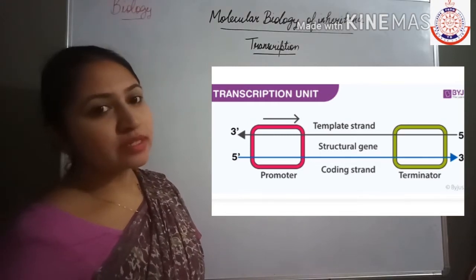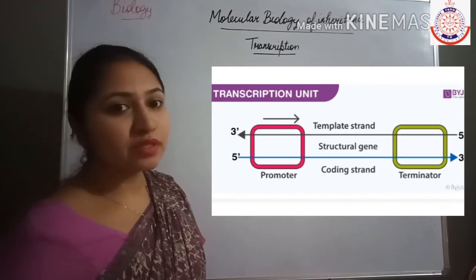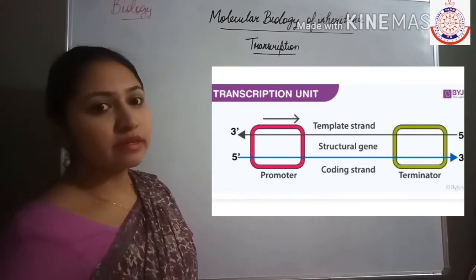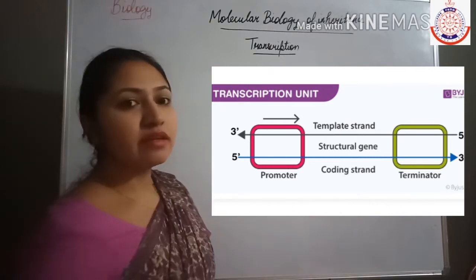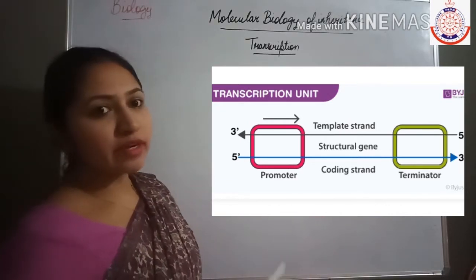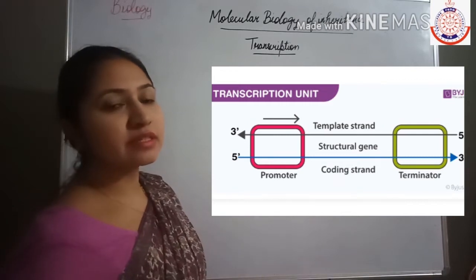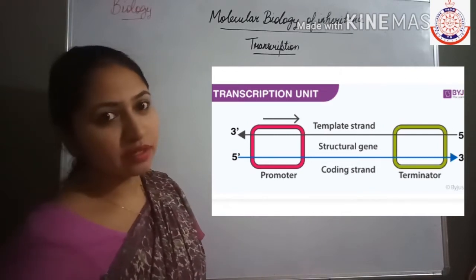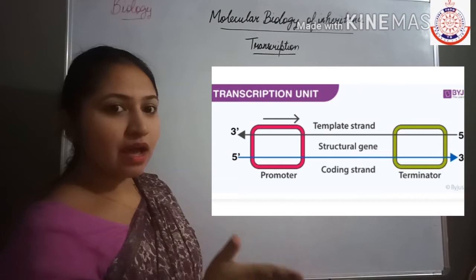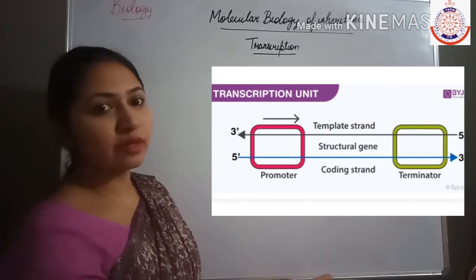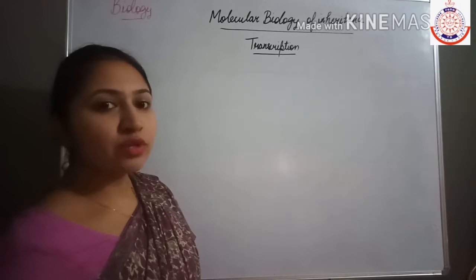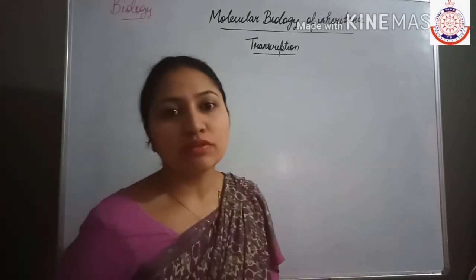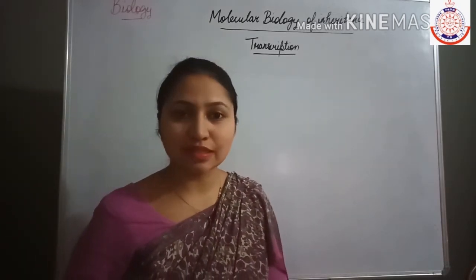We discussed that when RNA polymerase binds with the promoter region, then transcription starts, and when it reaches the terminator region, then transcription stops. Means the RNA which is produced will get separated from the DNA helix. Now today we will discuss this transcription process in detail.